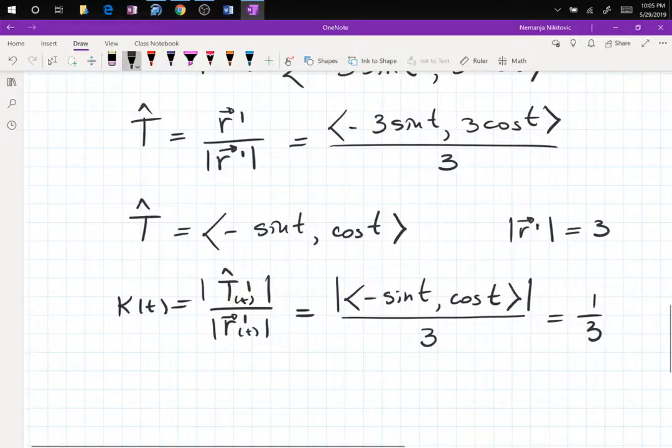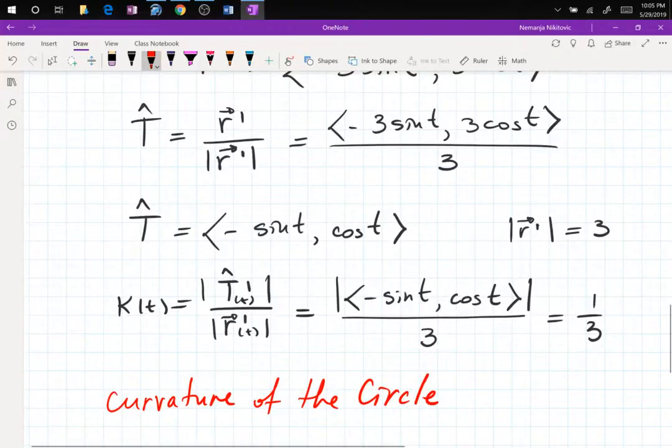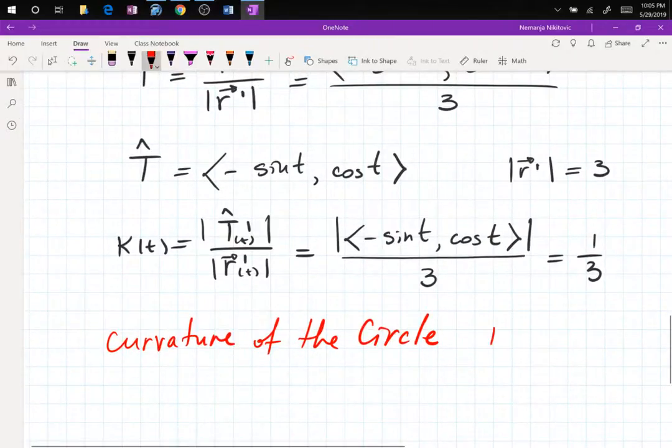That's 1. And then the square root of 1 is 1. So 1/3. If you are memorizing that the curvature of the straight line is 0, you might want to memorize that the curvature of a circle is 1 over r. k of t equals 1 over r, and I'll put radius. So that's the curvature of the circle.